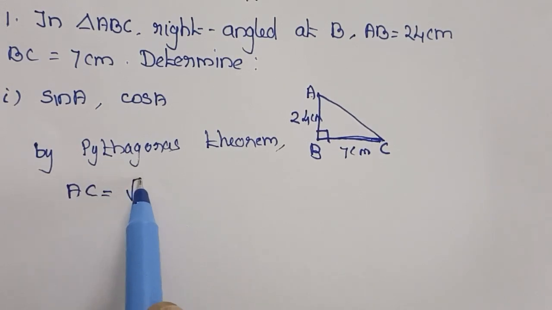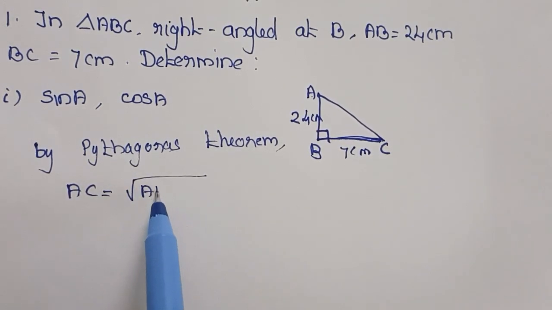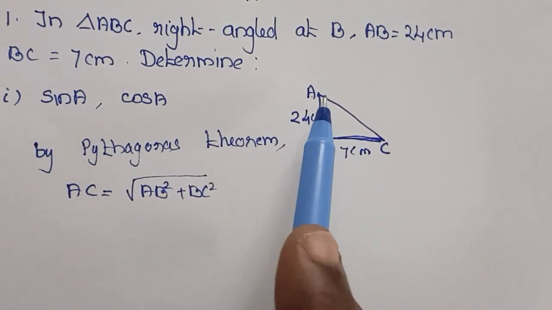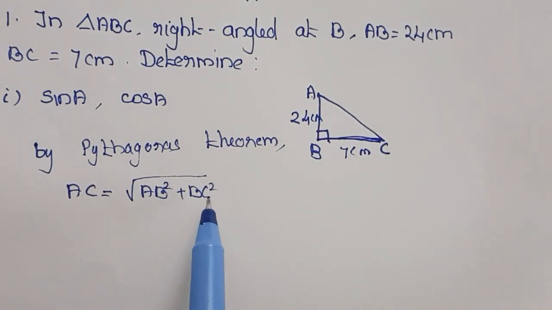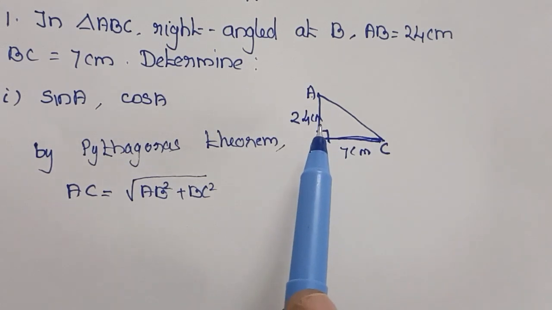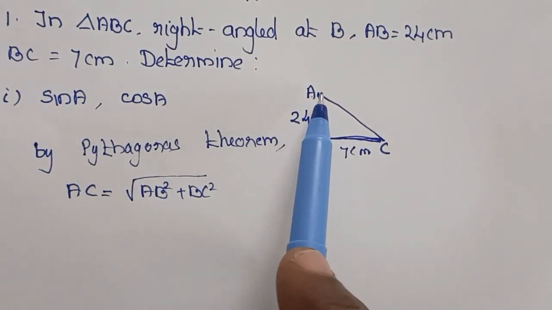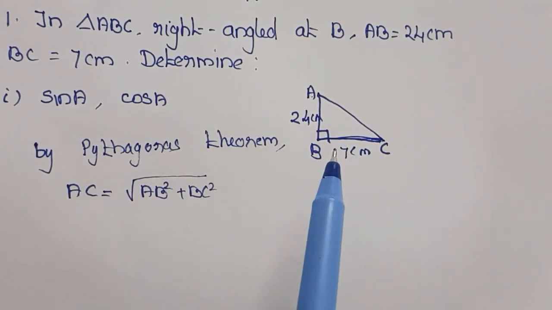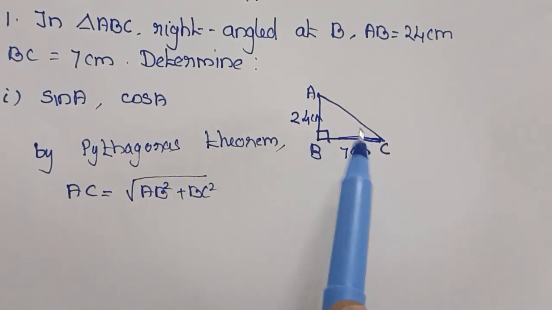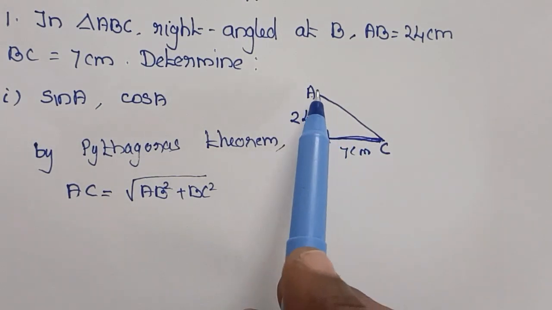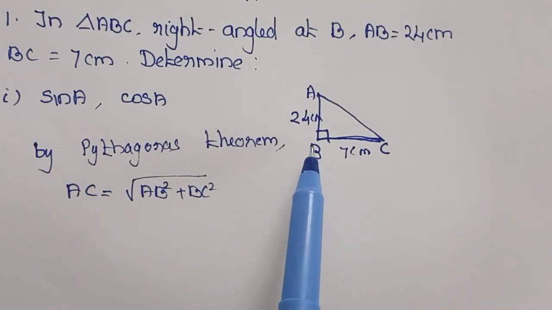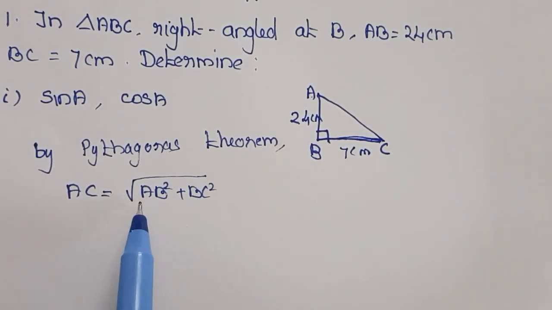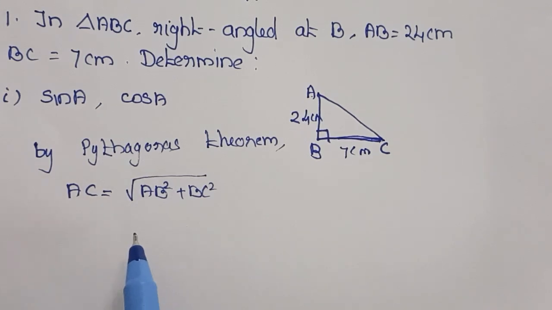AC equals square root of AB square plus BC square. If we have to find AB, then it is square root of AC square minus BC square. BC equals square root of AC square minus AB square. Only for finding the hypotenuse it will become plus. That is AC equals root of AB square plus BC square.